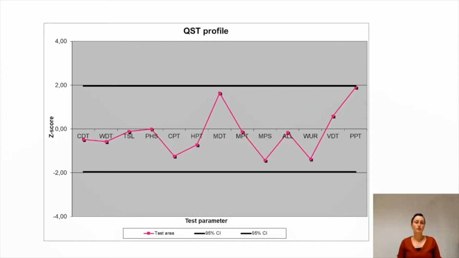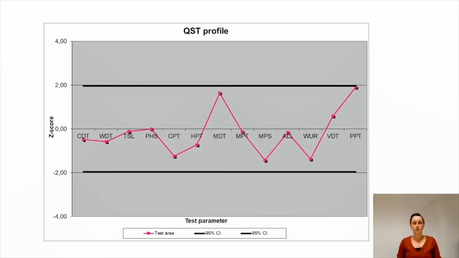So if a subject is completely normal, their value should be between minus 1.96 and plus 1.96. If a subject is above or below these numbers, it means that there is a significant gain of function or a significant loss of function for this individual test.